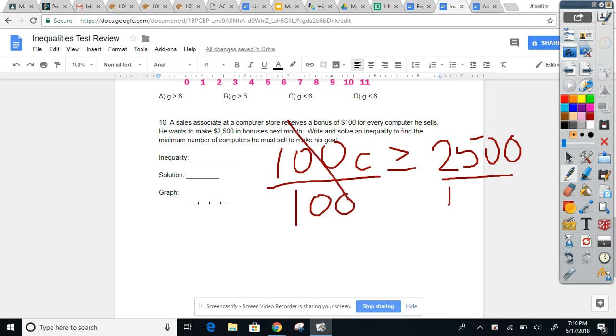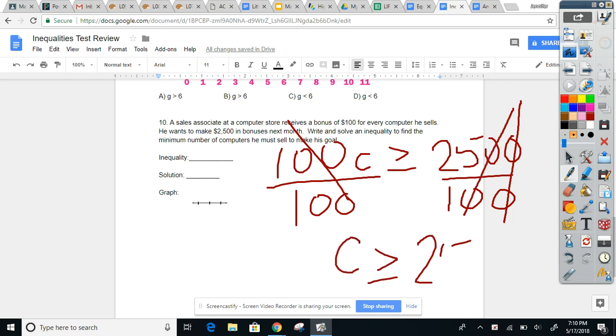And if I were to divide by 100, you need to figure out what 2,500 divided by 100 is. Okay, so I'll give you a second to think about that. Okay, so essentially these zeros will cancel, and so C has to be greater than or equal to 25.